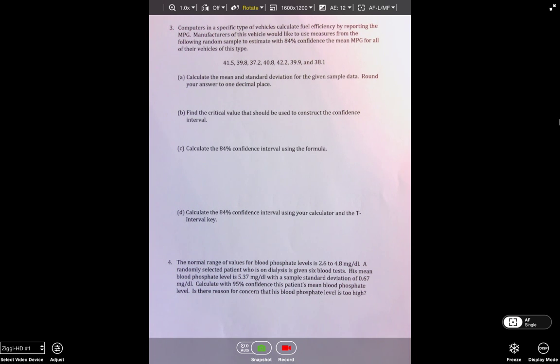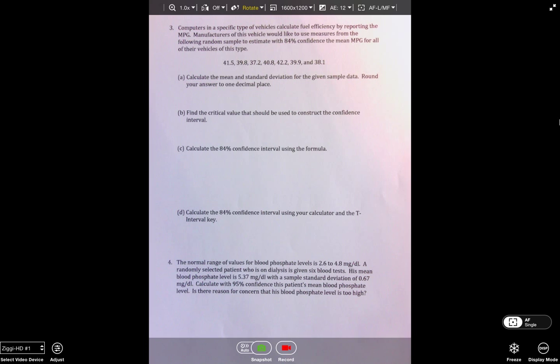Manufacturers of this vehicle would like to use measures from the following random sample to estimate with 84% confidence the mean miles per gallon for all of their vehicles of this type. So it looks like they took 7 measurements, 7 cars, drove it I'm sure on the same road, and they got some variation in their miles per gallon, which you would expect.